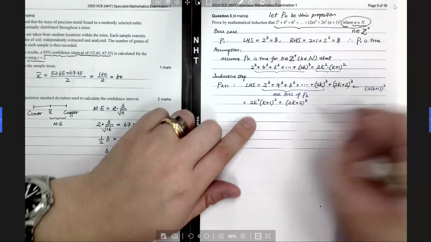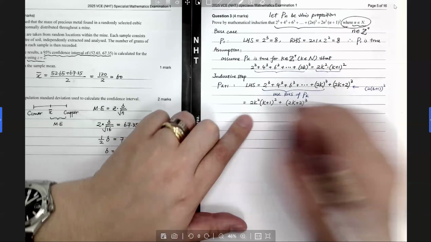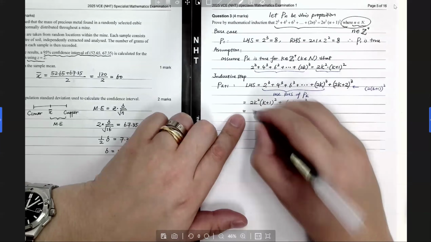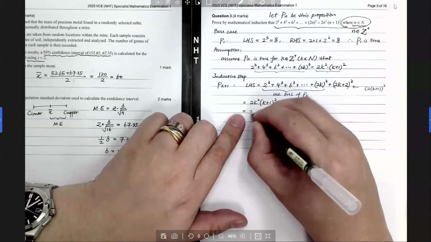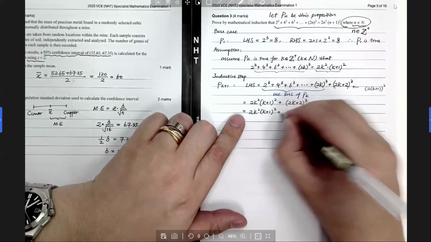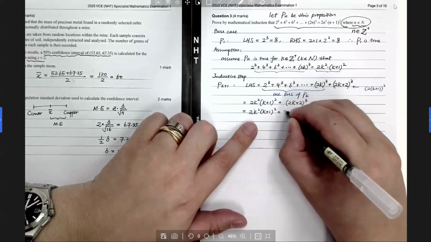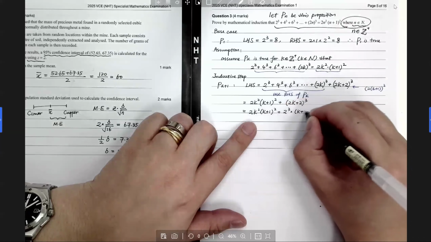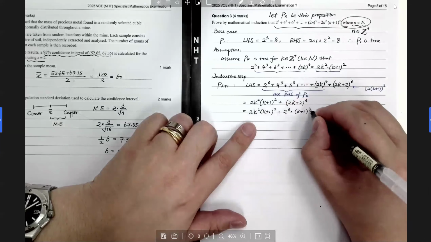Then I'm going to combine these two terms. For example, I may just take out 2k squared (k plus 1) squared. Now, if I take out anything, I should be able to get 2 to the power 3 times (k plus 1) to the power 3.